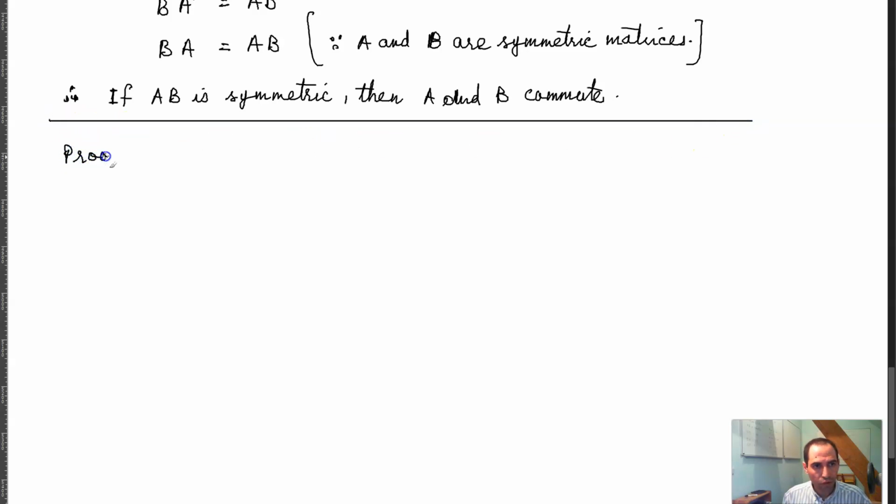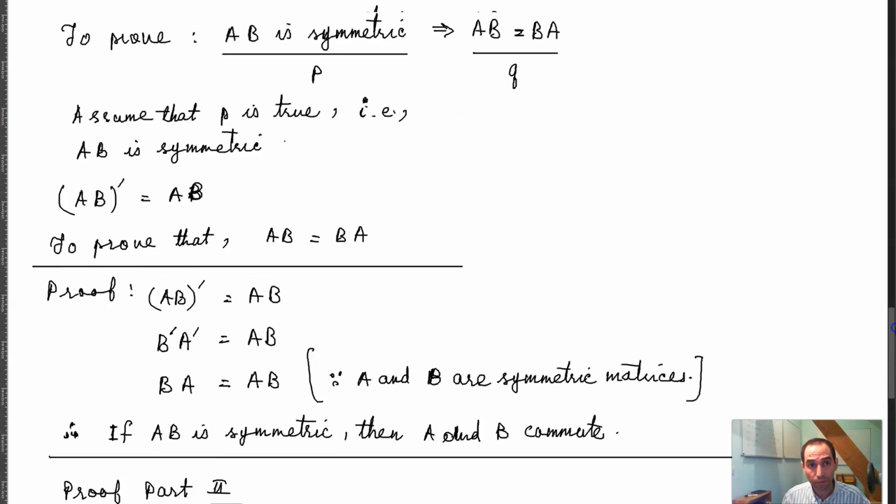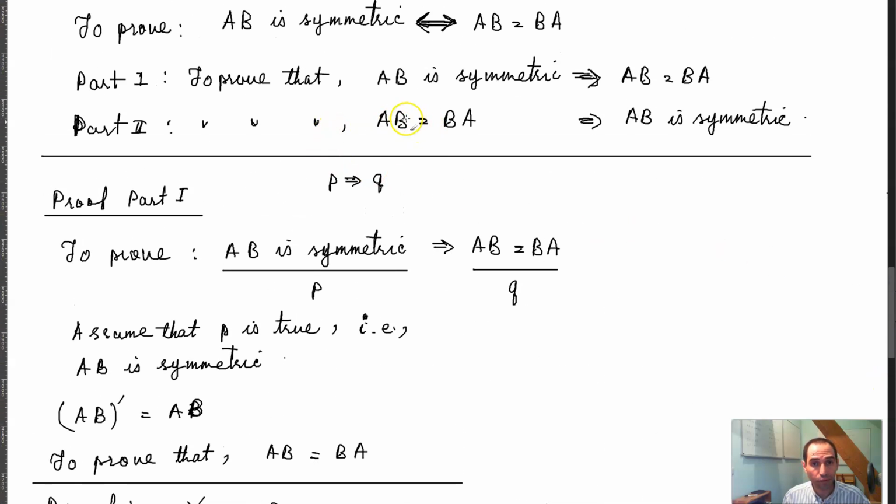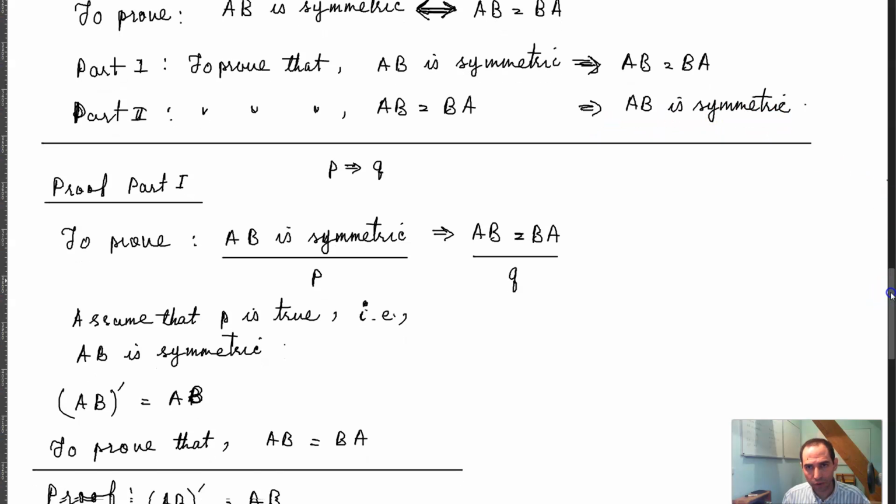So, proof part 2, you want to prove that AB is equal to BA implies that AB is symmetric.